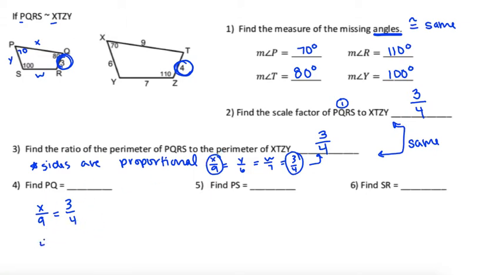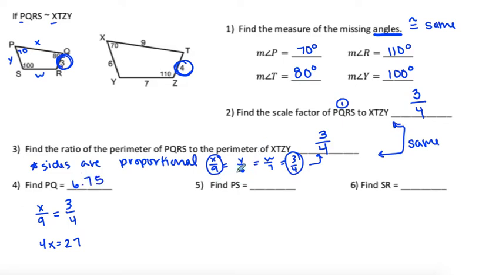So if I cross multiply, I get 4x equals 27. And do 27 divided by 4. And I get 6.75. It hasn't told me to round or anything, so I'm just going to go to the nearest hundredth.